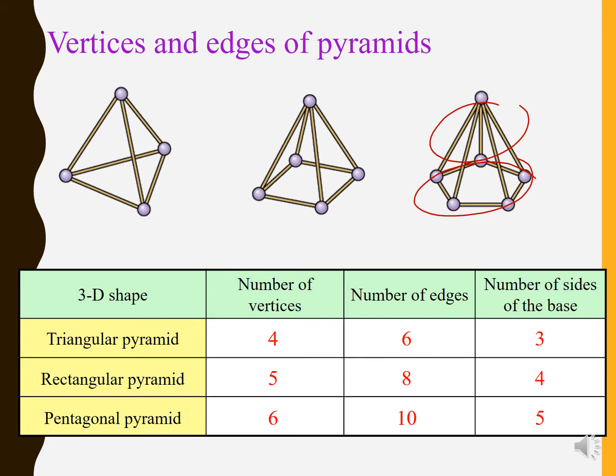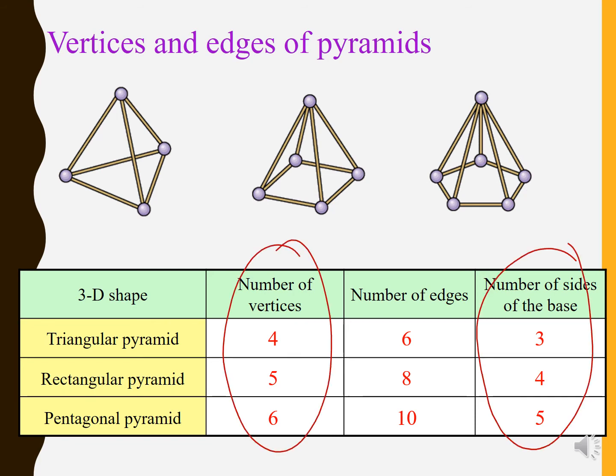So now let's look at the relationship. The number of sides of the base and the vertices: 3 and 4, another pair, 4 and 5, last pair, 5 and 6. So we can see that the number of sides of the base plus 1 is equal to the number of vertices.